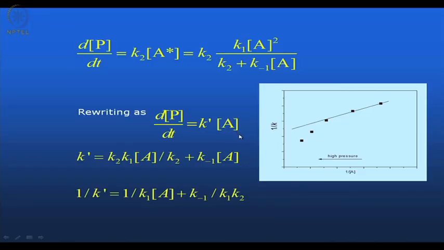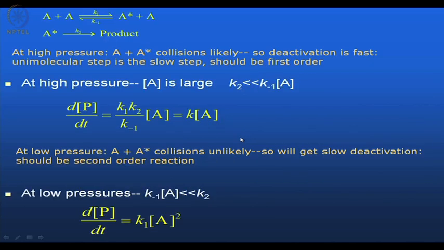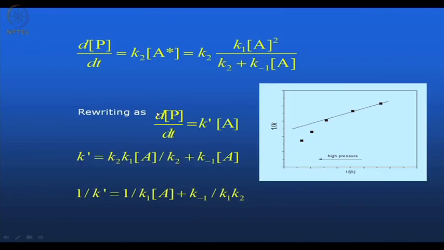The importance of this is that although it is a reaction between the same species, the product formation has a peculiar dependence, and this was first put forward by Lindemann.